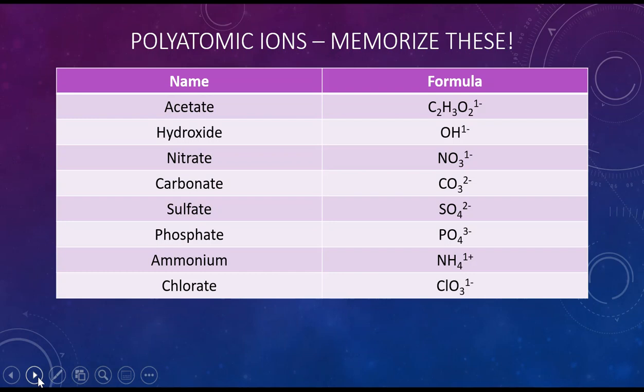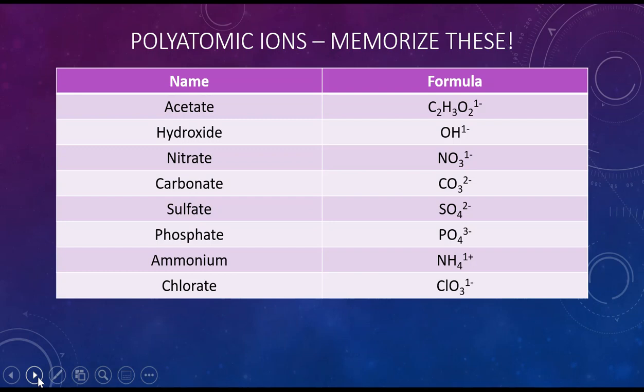Now, the other sheet that I gave you that has the chart with the other ones on there, those ones you don't have to memorize. We used to make you memorize all 28 of them. But the ones on the other chart, we don't make you memorize anymore. You will be provided that chart to use on tests and quizzes. You just have to be able to utilize them.